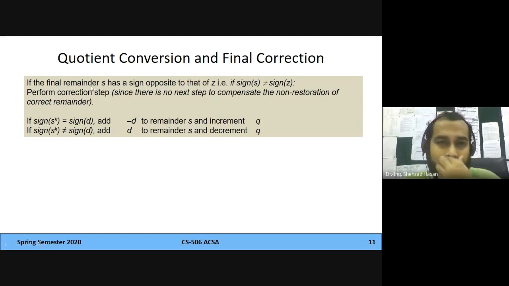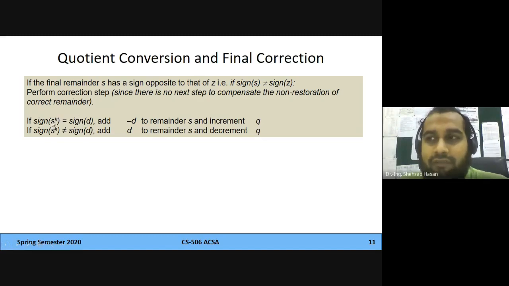So in the final remainder, since it has the opposite sign, we need a correction. We have to look at the sign of the remainder and the sign of the divisor. The divisor was negative in our example. The sign of the remainder was also negative. If they both are the same, how can you change the sign of the remainder? You need to subtract, right?